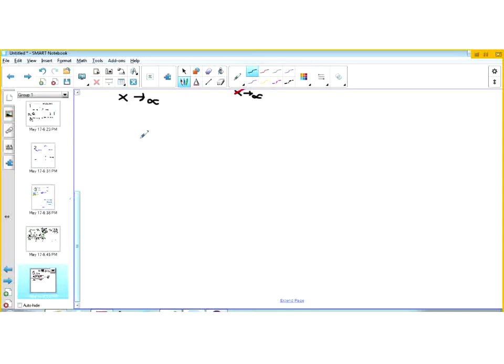Well, for x less than 0, we know that the square root of x squared is equal to the absolute value of x, which is equal to minus x. Okay, so we have this important result, and we're going to make use of it.